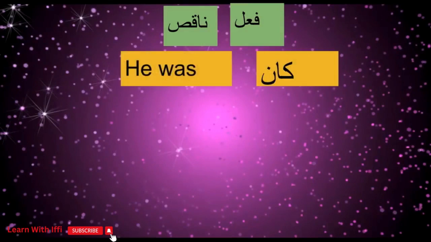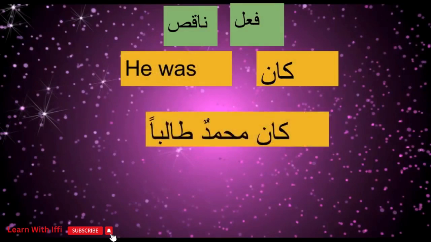Kana, he was. Say, kana Muhammadun taliban. Kana, like laisa, has an ism which is marfu, unlike inna and anna, in which the ism is mansub. The way to remember is to remember laisa. If you remember the verse, alaysa Allahu bi ahkamil hakimin, you say laysa Allahu, it is marfu.